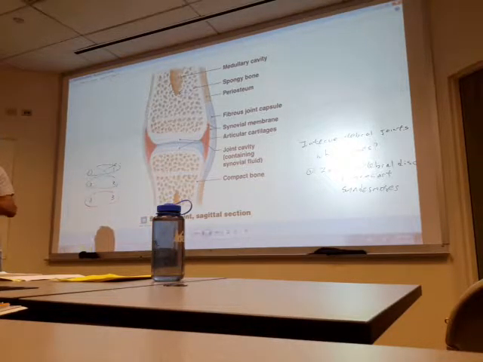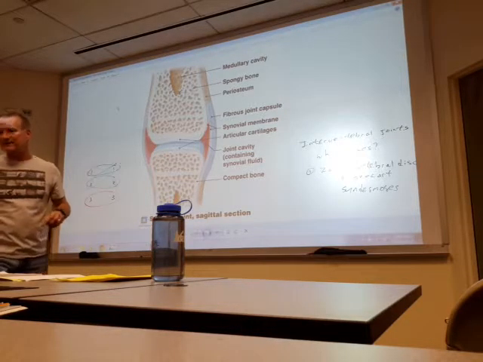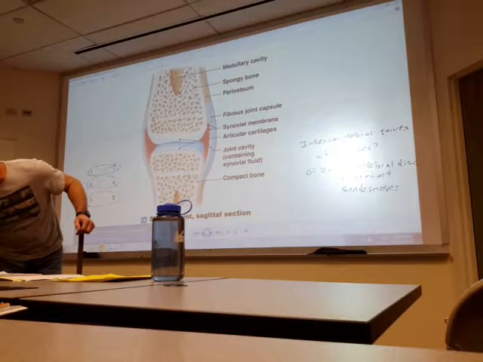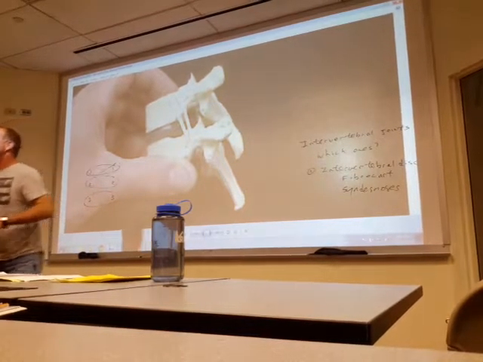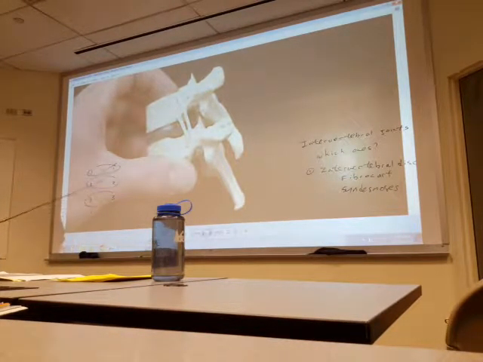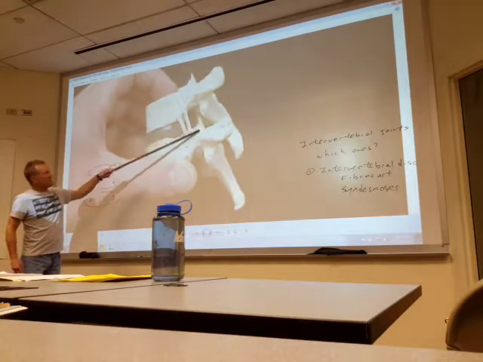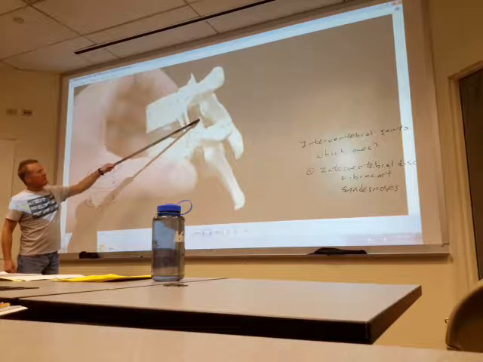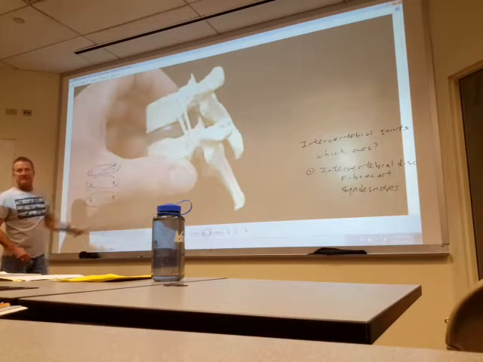Even the tiny, tiny diarthritic joints have articular cartilage on the articular surfaces. This goes back to facets, for example. If we look again at this particular intervertebral joint, there is articular cartilage on those articular surfaces.